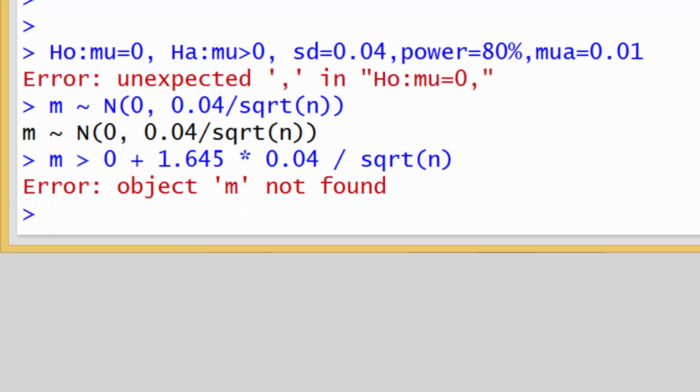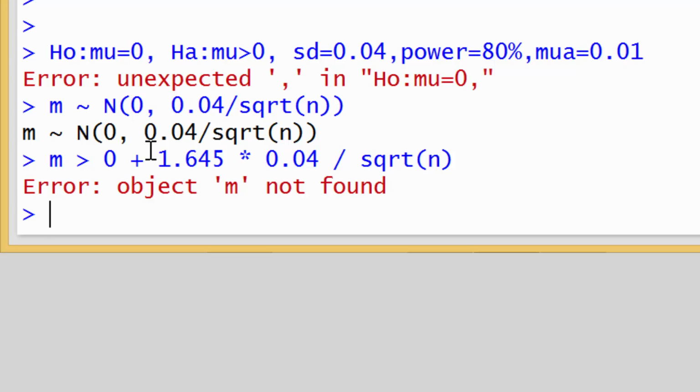Again, I don't have valid R code here because I haven't defined anything, but I'm just using this to describe the problem before I actually start typing out the real code. So we're going to reject if m is larger than that, and now all we need to do is calculate this probability under the alternative rather than under the null.